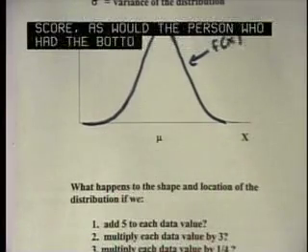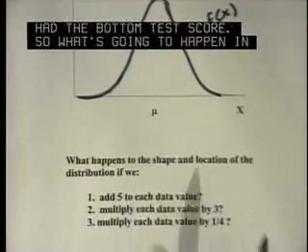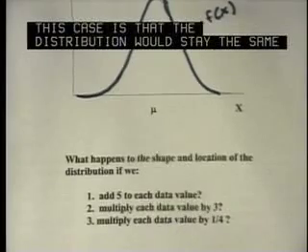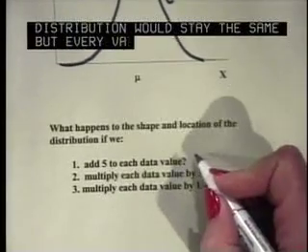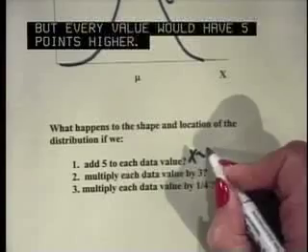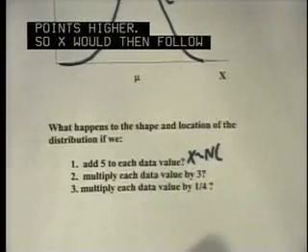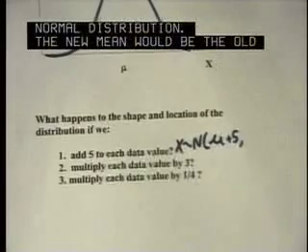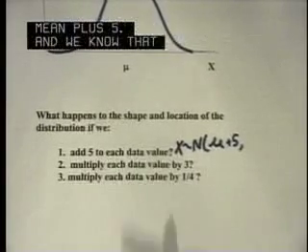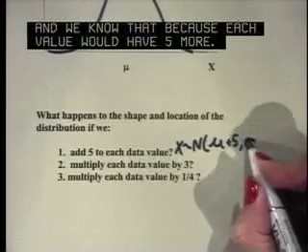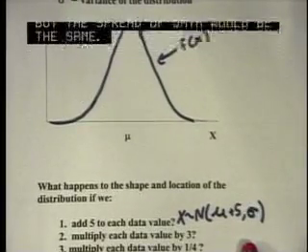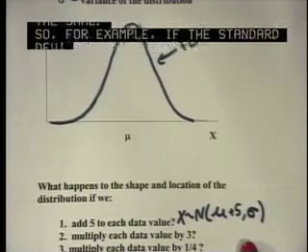So what's going to happen in this case is that the distribution would stay the same, but every value would be 5 points higher. So x would then follow the normal distribution where the new mean would be the old mean plus 5, and we know that because each value would have 5 more. But the spread of data would be the same. So for example, if the standard deviation was 10 before, it would still be 10.